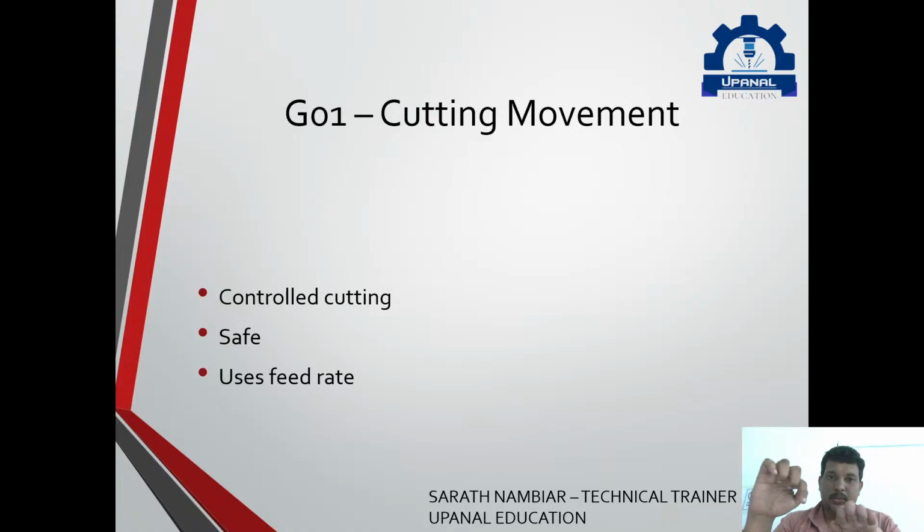It will come slowly, start removing the material, and keep on removing it as it goes. Because to remove material it cannot go at full speed. This is actually very safe and uses feed rate. Whenever we say G01, we also mention the feed, the F word. The feed will be mentioned in the G01.